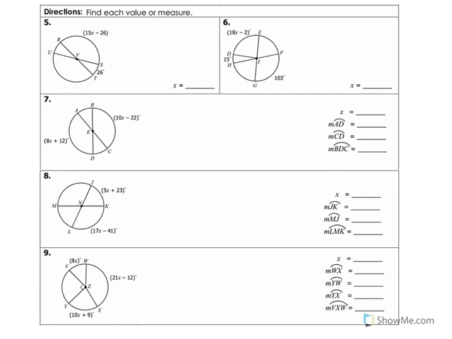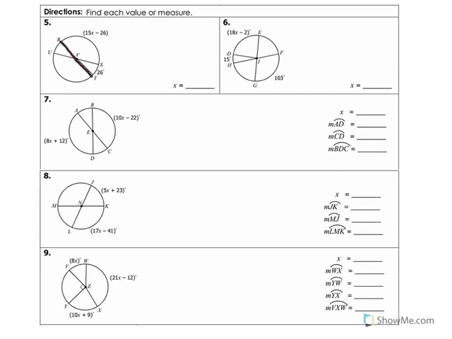Okay, these ones are the same concept. You just have to do a little bit of algebra with these ones. So they're giving you your arc measure in the form of an equation. These say to find each value or measure that they want you to find. So this first one, we just have to find x.